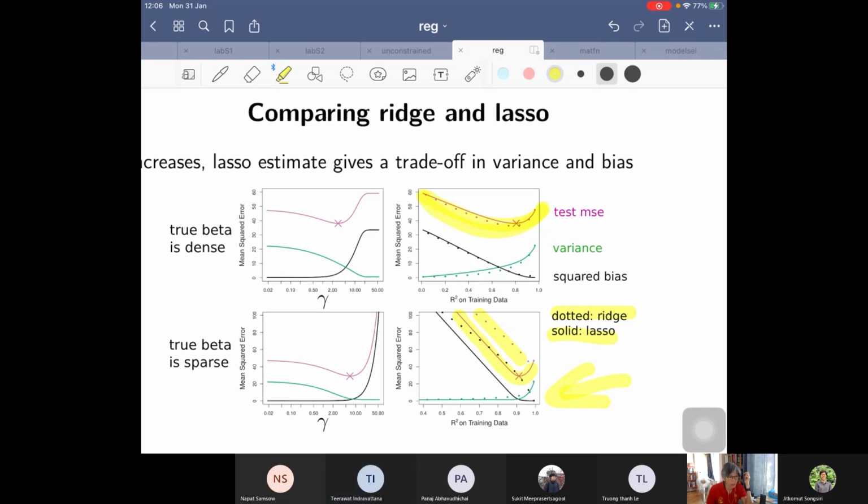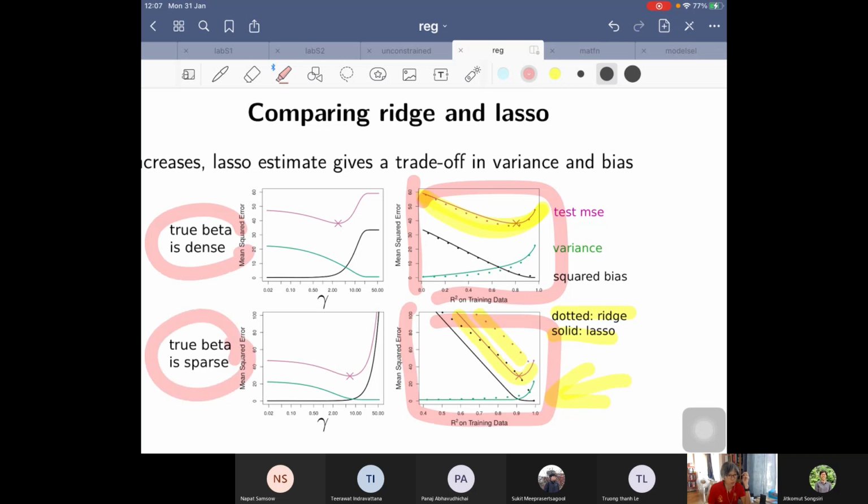The lasso seems to achieve a lower test MSE. And again, these two cases differ by the ground truth assumption, which means you can see a benefit of the lasso solution. That benefit is that it gives you a lower test error when the ground truth parameter is also sparse.